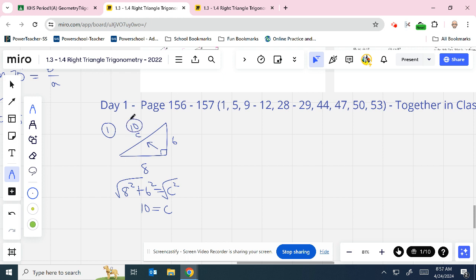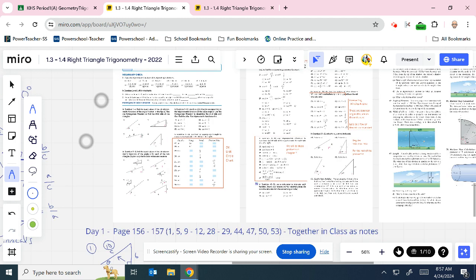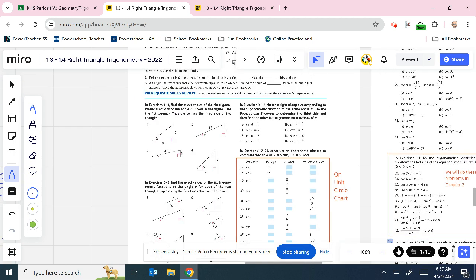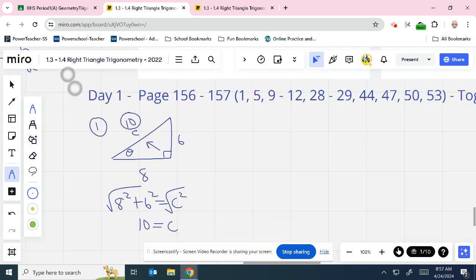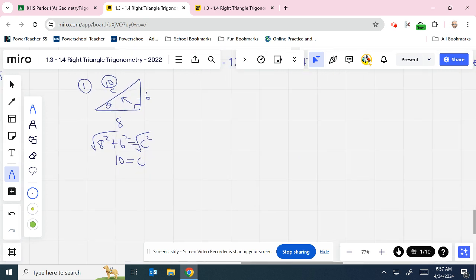Then it's asking us to find the 6 trig functions of theta. Theta is right there in that bottom corner. See how they put theta right there in that bottom angle? They want us to find the 6 trig functions, and they want us to just make them fractions. So we'll list the fractions right down here.